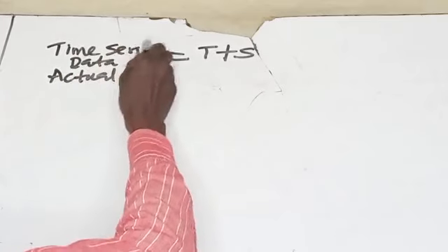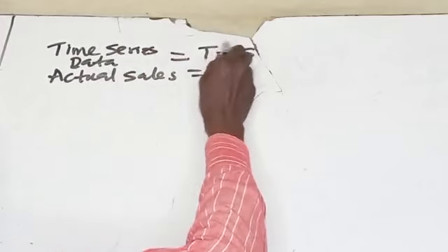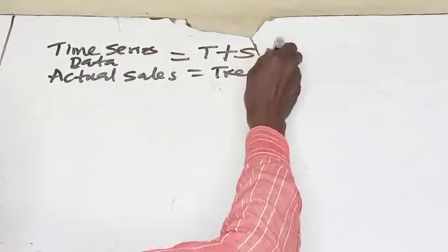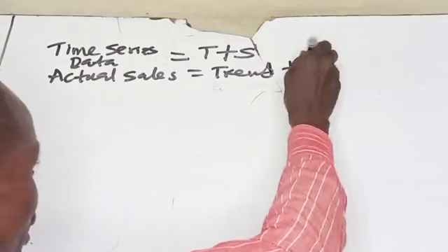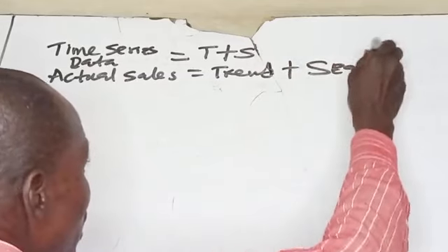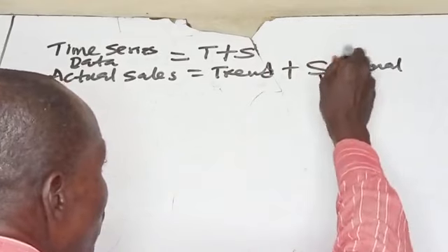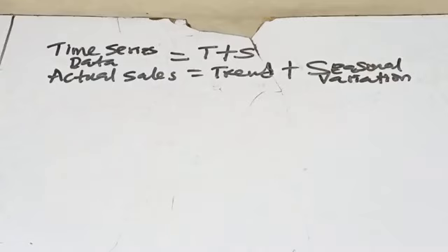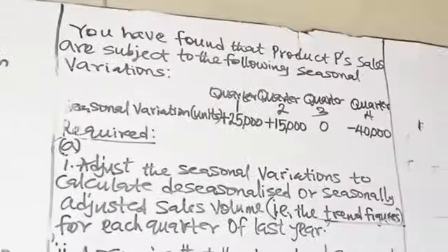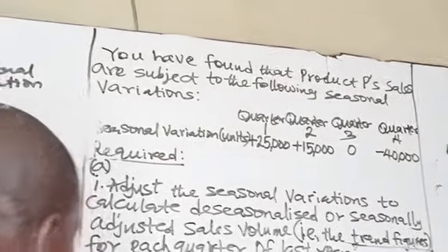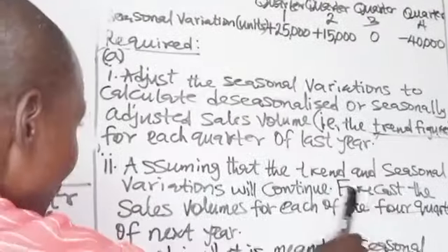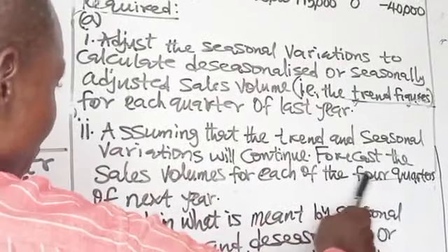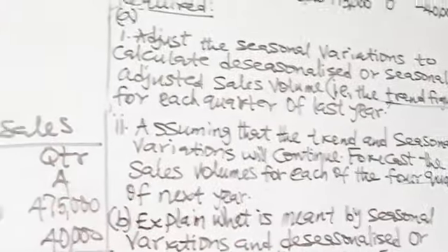Actual sales is equal to trend plus seasonal variation. You have 4 quarters. If you go back to the question, you are told in Roman figure 2 to forecast the sales volume for each of the 4 quarters of next year.